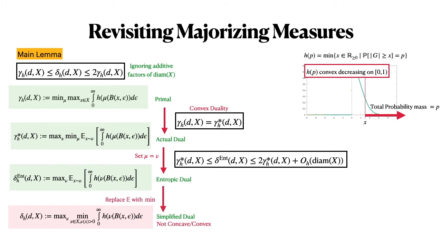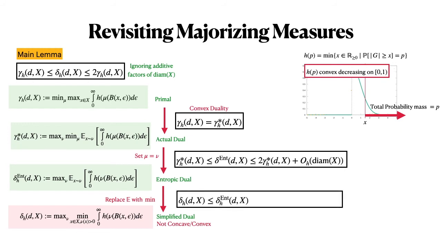And the last step is to reduce this entropic dual to a simplified dual, and here the only difference is the bottommost dual doesn't have the expectation but instead a minimum. And again, one direction is clear, the minimum is at most the expectation, but we also show that replacing the expectation with the minimum doesn't change the value too much, up to a constant factor of the diameter.